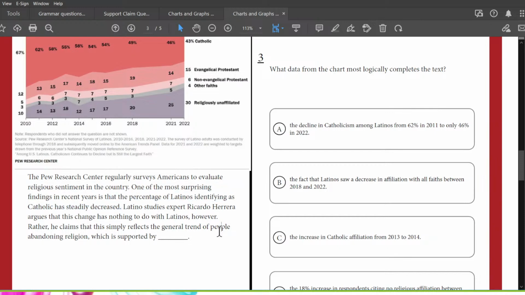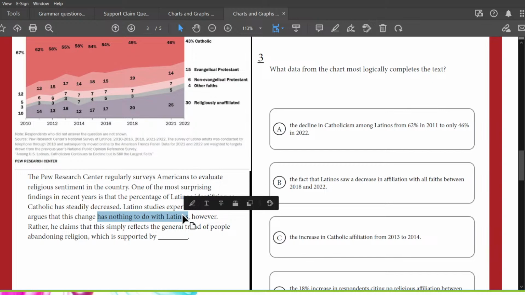So again, notice how I'm reading this. I'm trying to read backwards, to get all the information I need. I know that he's claiming that there's a trend of people abandoning religion in the United States, and we're looking for some data from this chart to support that. He's also saying that it has nothing to do with Latinos. It's not a Latino thing. This is a general trend. We have Latino data here, but it's not about Latinos.